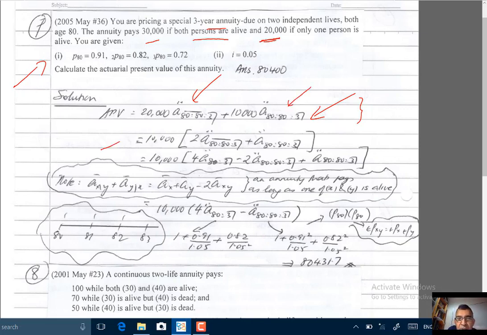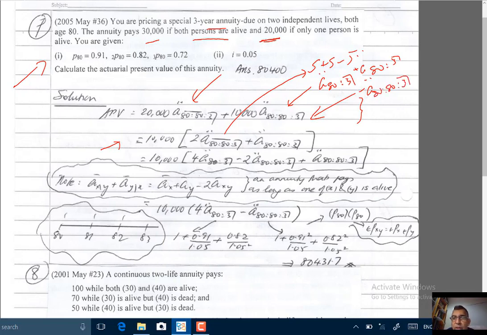So I factorize the 10,000 out. I'll have a 2 ä_{80:80 bar, angle 3} plus this term here, which is ä_{80:80, angle 3}. Then what I've done is this thing here, I have used single plus single minus joint. Do it yourself. So you will get ä_{80, angle 3} plus ä_{80, angle 3} minus ä_{80:80, angle 3}.